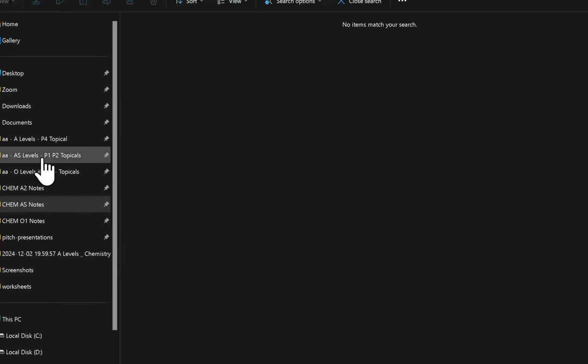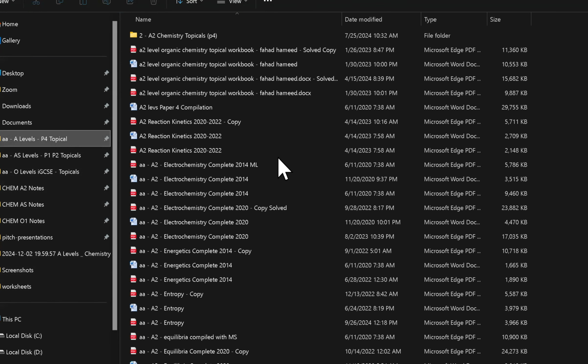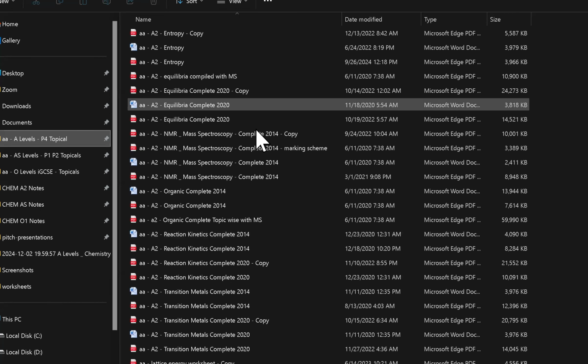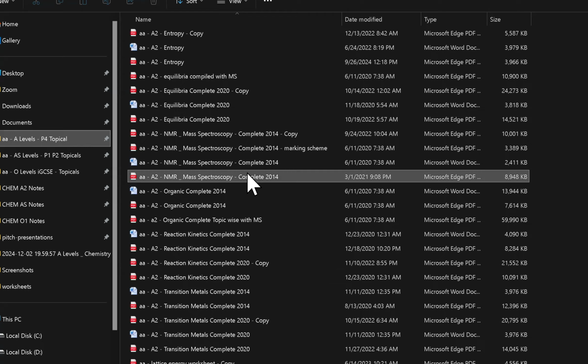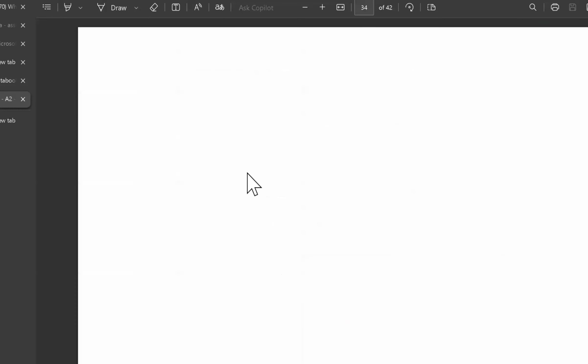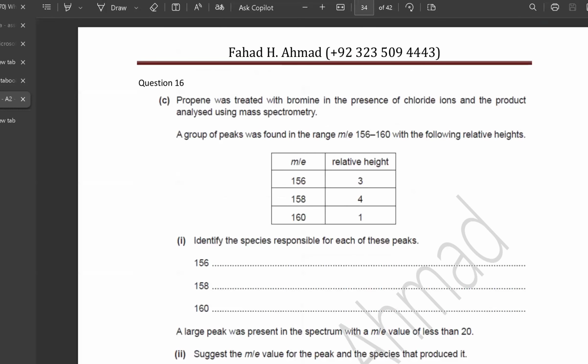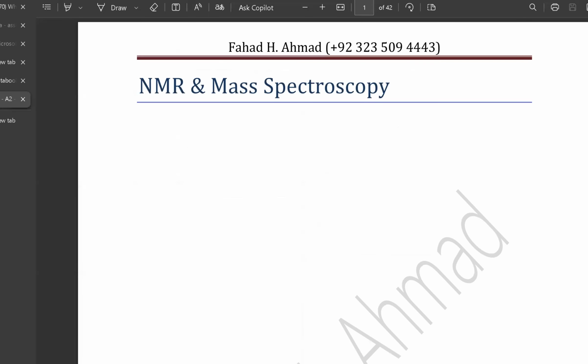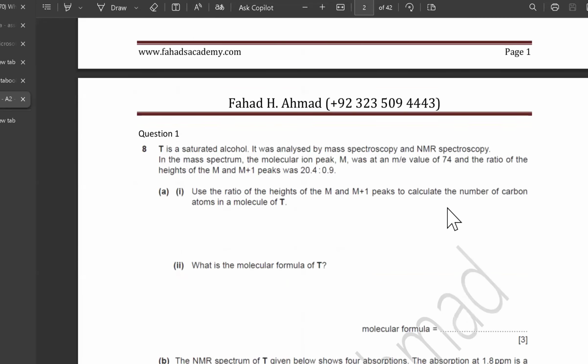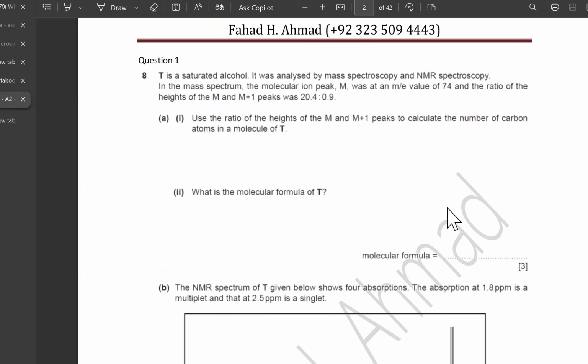So I'm going to do some questions now for NMR. Remember, NMR questions are like solving a puzzle.